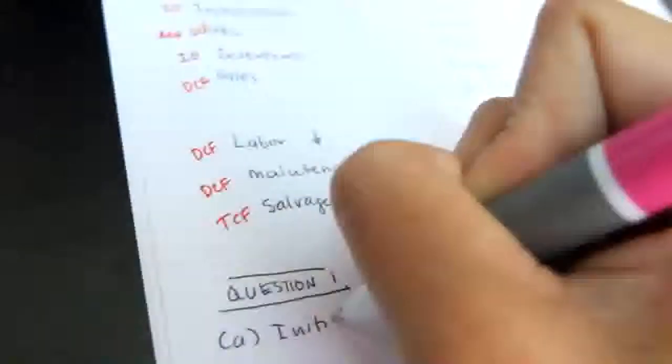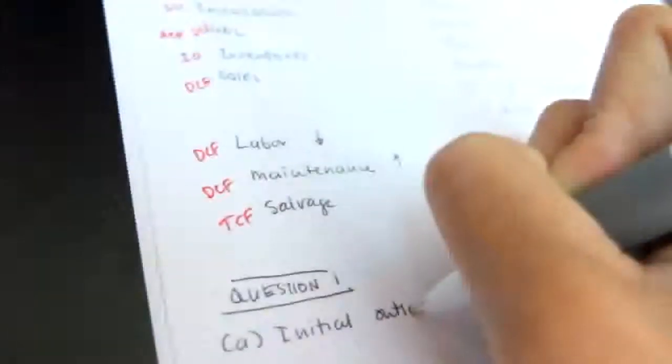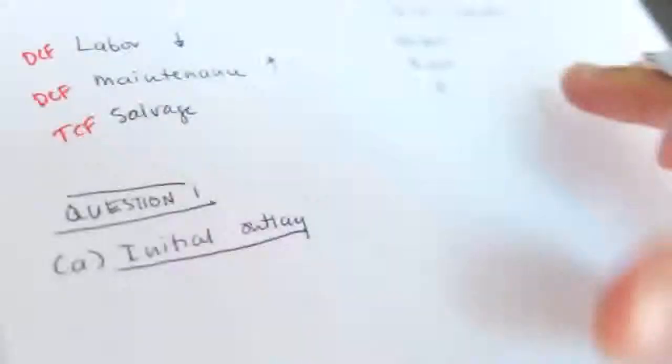First, we want to calculate the initial outlay, question 1. Alright, what happens to the initial outlay? First, we want to calculate initial outlay, always it's cash outflow minus cash inflow.